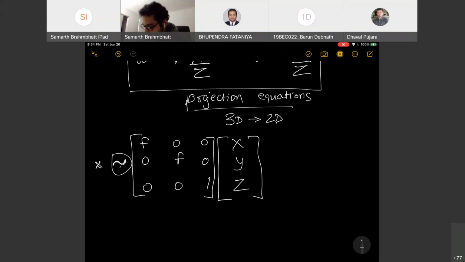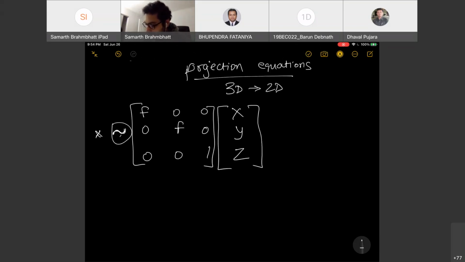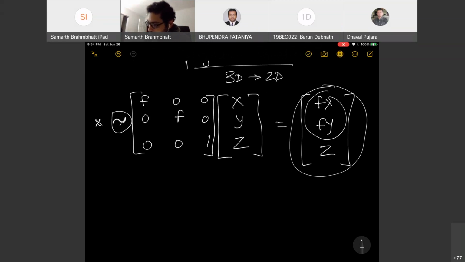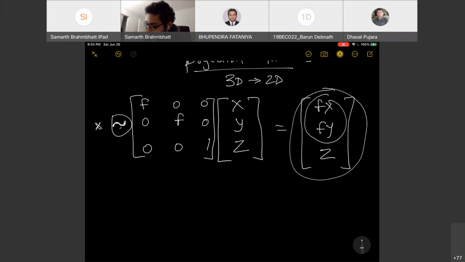This is the most important part over here, because if you actually do this matrix multiplication, what you will get is fx, fy, and z. But remember, if we consider this as the homogeneous representation of a 2D point, then we can take out this z.